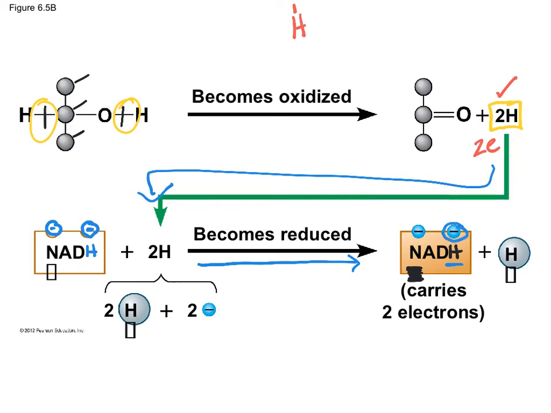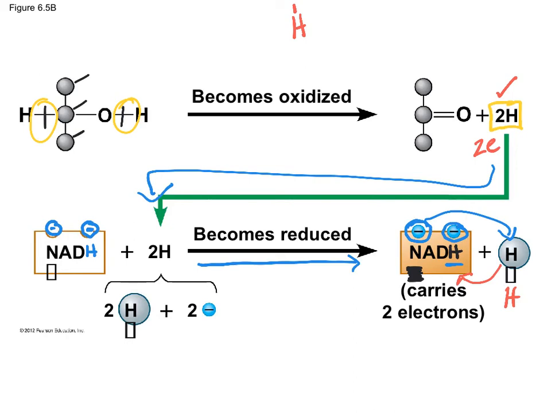But the thing about NAD is that it can carry 2 electrons, so it's going to carry another electron that belongs to the other hydrogen. But it doesn't have room to carry this hydrogen itself, so this hydrogen is going to stay free in the cell. But the energy from that hydrogen, its electron, is actually carried by NADH.